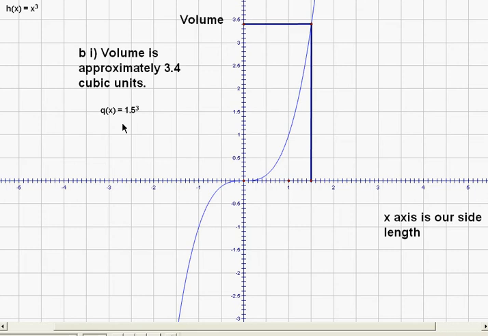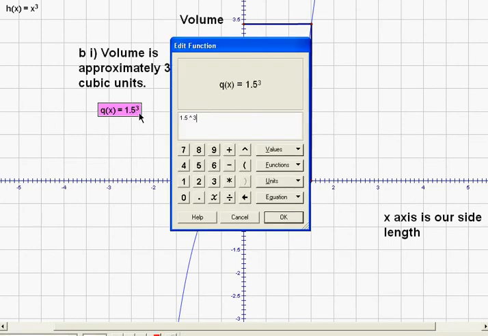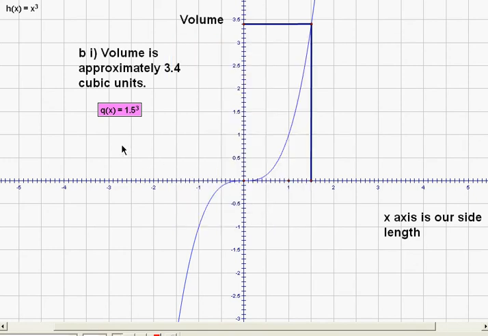I wind up getting 3.375, which is very close. So that's going to be equal to 3.375, approximately 3.4 cubic units. Again, your accuracy is going to be dependent upon how accurate your graph is.